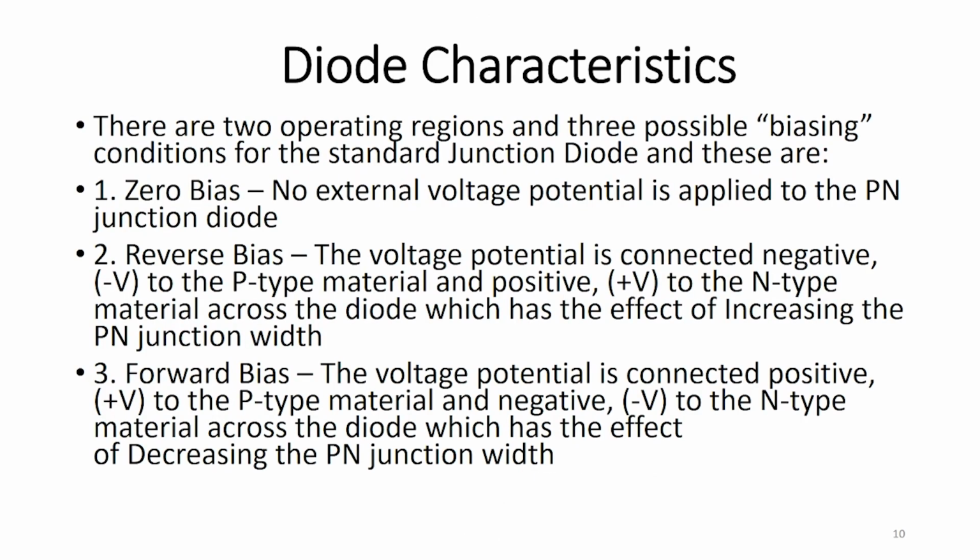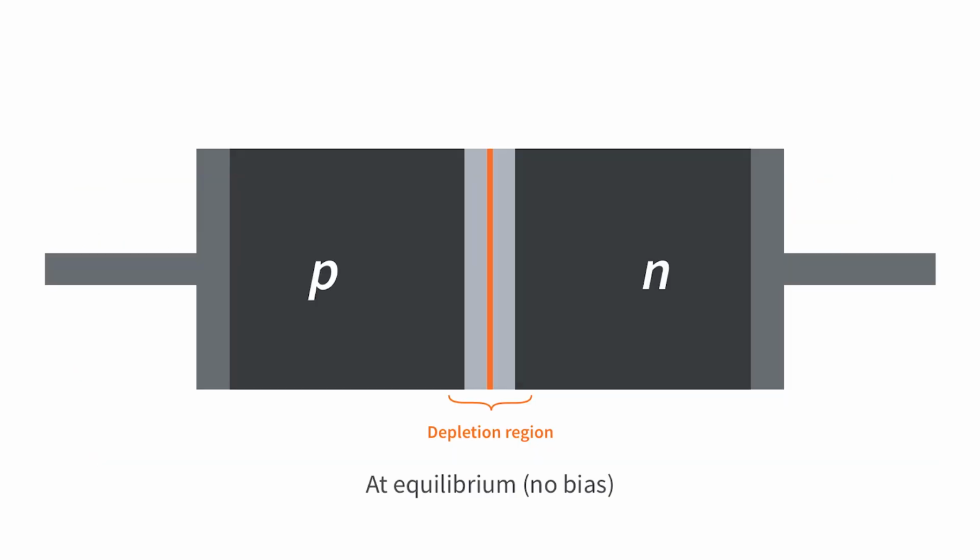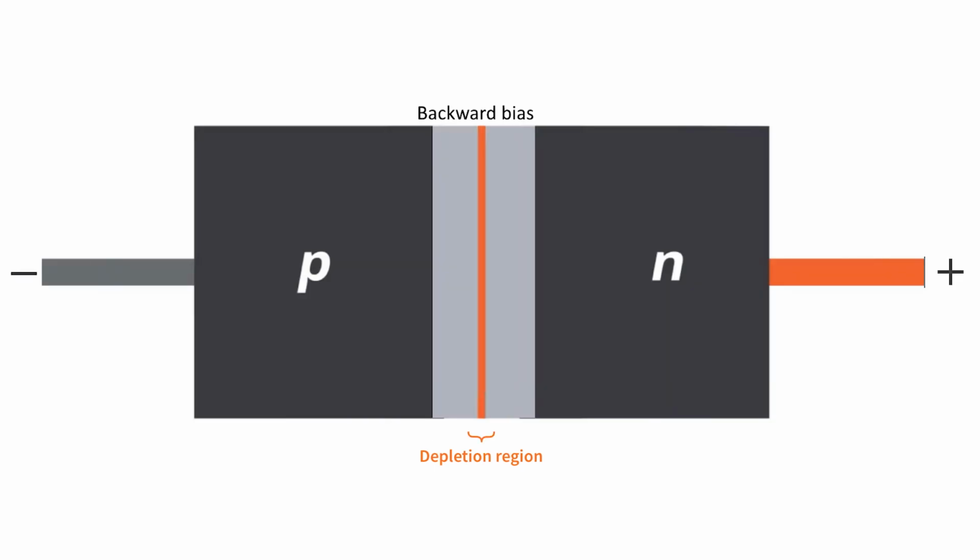There are two operating regions and three possible biasing conditions for the standard junction diode, and these are: 1. Zero bias, meaning no external voltage potential is applied to the p-n junction diode. 2. Reverse bias, the voltage potential is connected negative minus V to the p-type material and positive plus V to the n-type material across the diode, which has the effect of increasing the p-n junction width. 3.